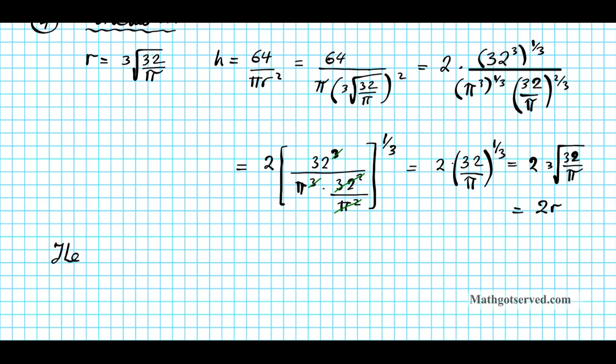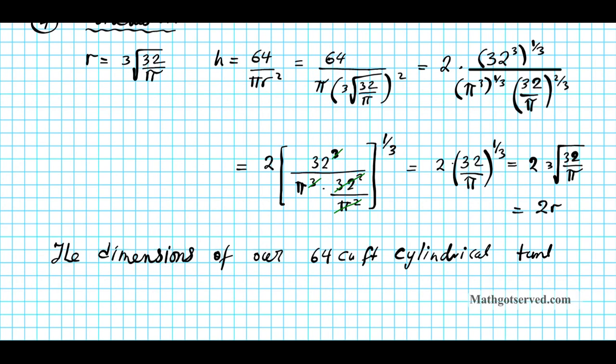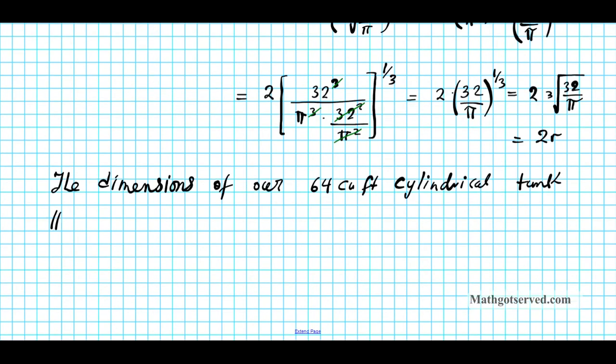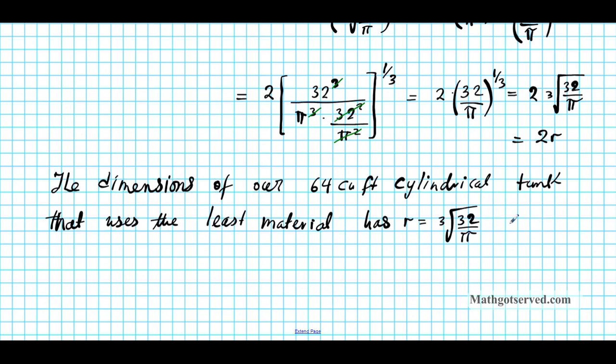The dimensions of our 64 cubic feet cylindrical tank that uses the least material has a radius of the cube root of 32 over pi and a height of double that, 2 times the cube root of 32 over pi.